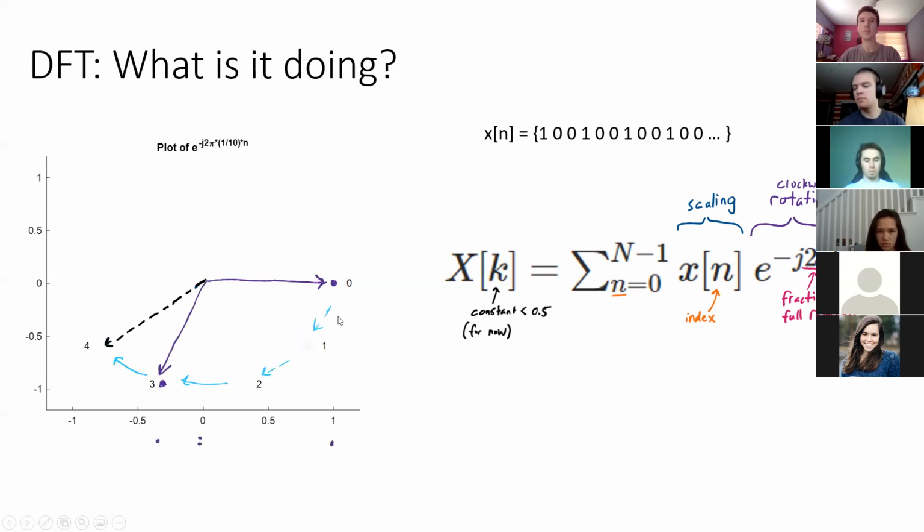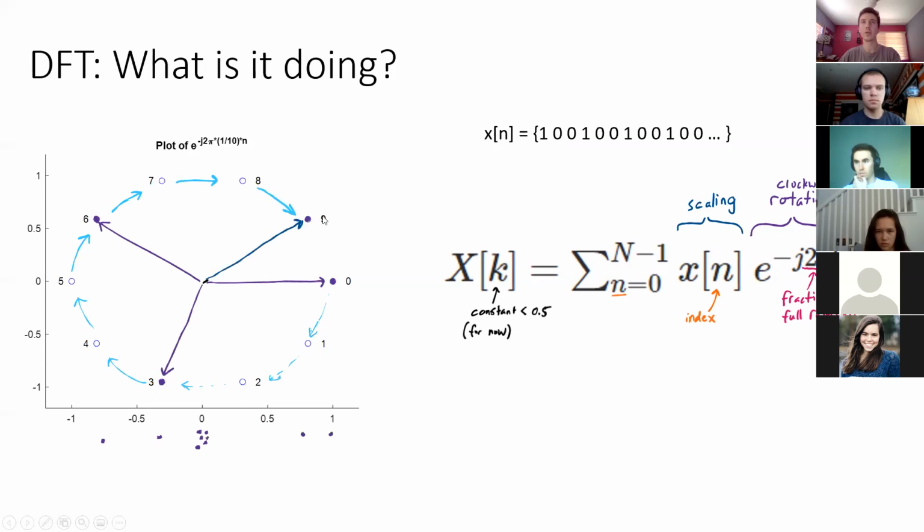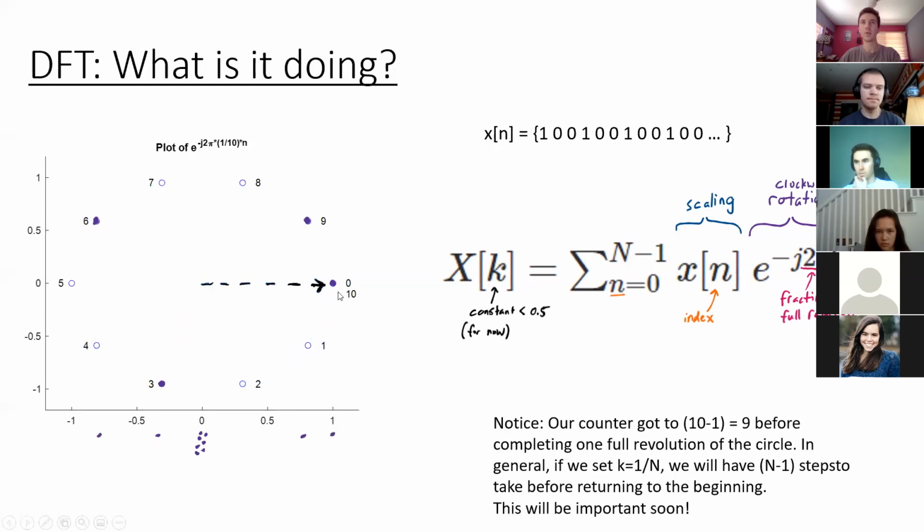So as we're going around, this is rotating, but we're also iterating through this x of n signal. And so we get them at every multiple of 3. So we'll hit 8, and there's 9, and we hit 10, we already had a dot there.